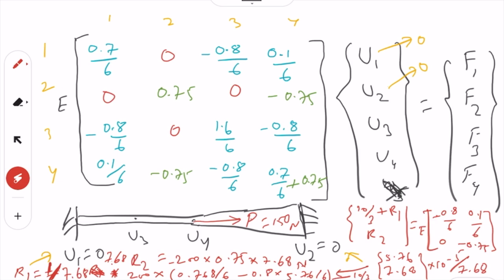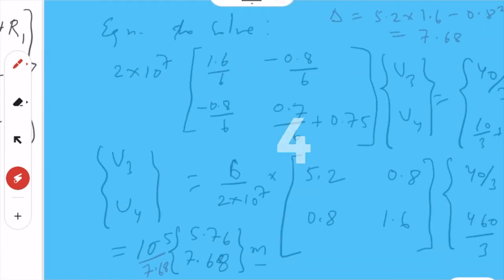If you calculate R1 like this, the value is exactly 20.